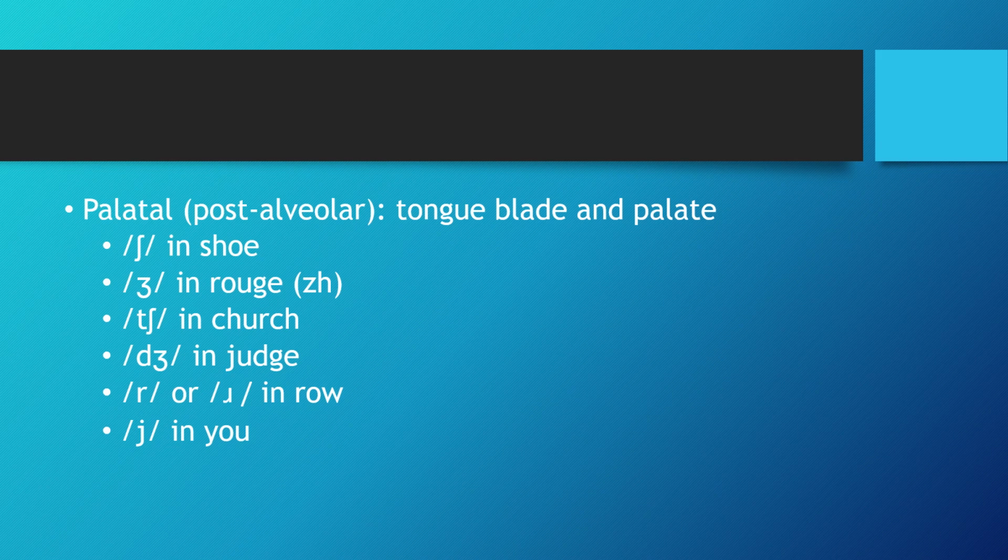You will see both. So I generally use the regular R. I don't use the upside down one, but you may see it in the literature or in different charts.